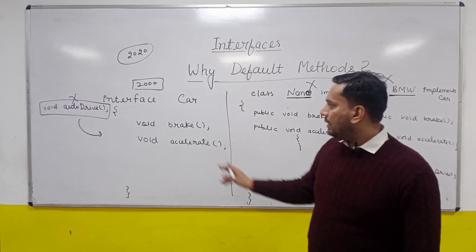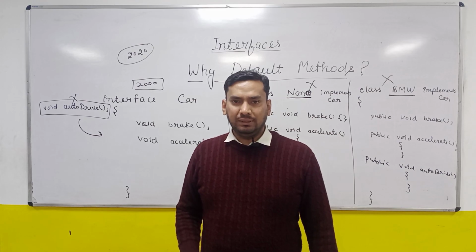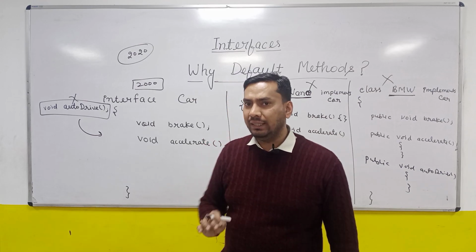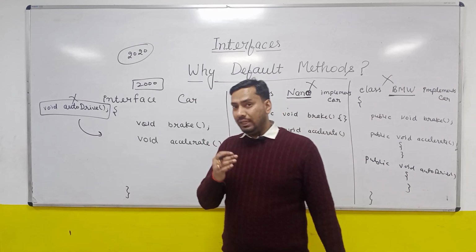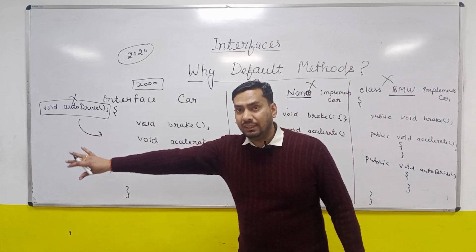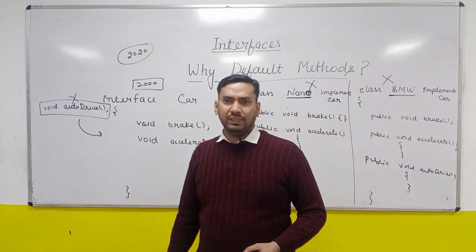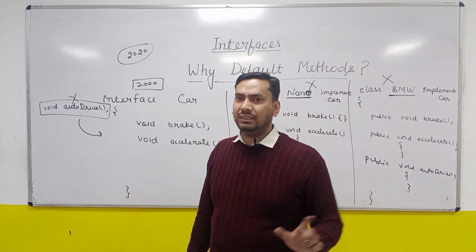So that's why they came up with the concept of the default method. Oracle in JDK 8 said, okay, we want to add some more methods in the existing interfaces. There are so many interfaces. You talk about the Collection interface. The live example is the Collection interface.